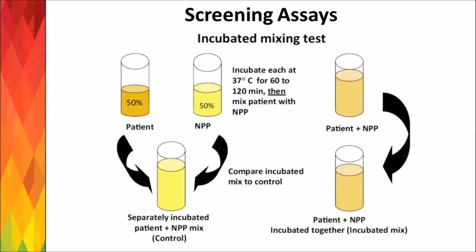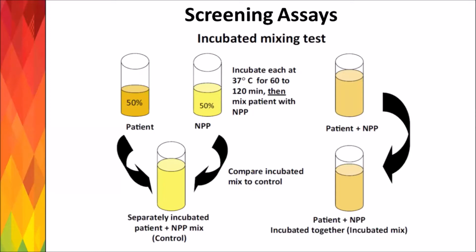And that is why in the incubated mix, after 2 hours, factor VIII from the NPP will not be able to participate in the coagulation cascade, and you will get a prolonged APTT. However, when you are mixing it immediately at that time itself, you have not given time to the inhibitors in the patient plasma to neutralize the factor VIII in NPP, and that will not be as prolonged.